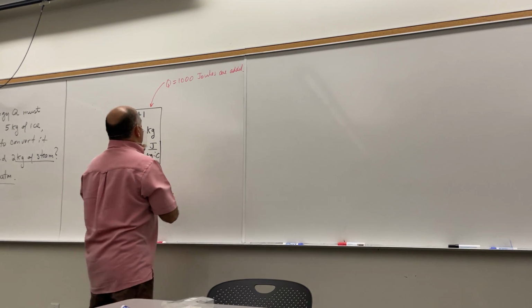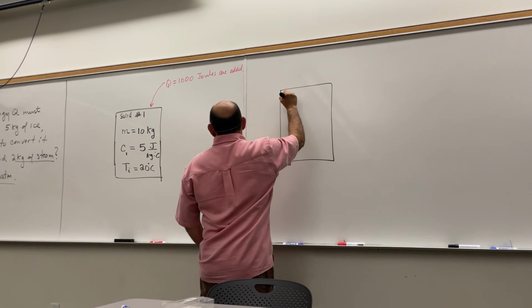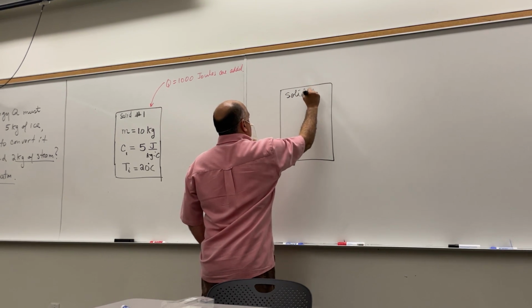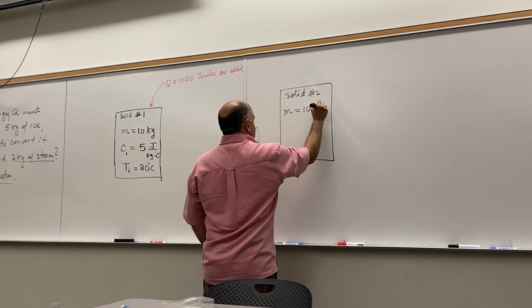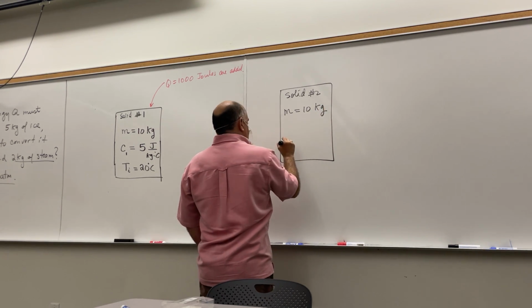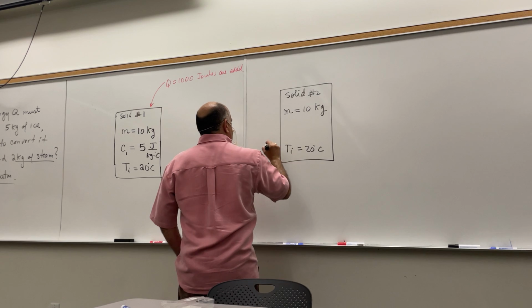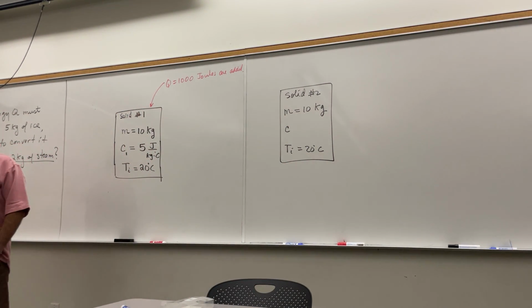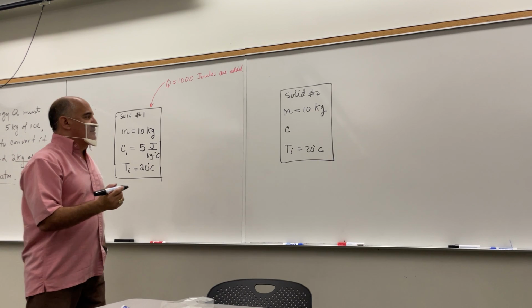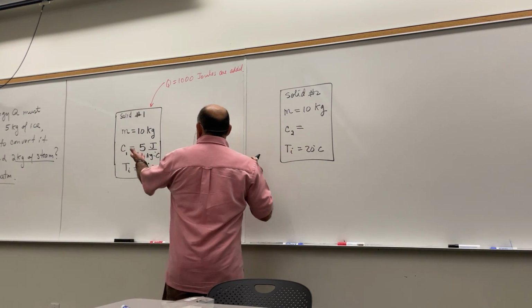All right. Now, I also have another solid, number 2, same mass, 10 kilograms, same initial temperature of 20 degrees Celsius, but it's a different type of material, a different solid. So the specific heat value, I'll call it C2, and I'll make it different from that.